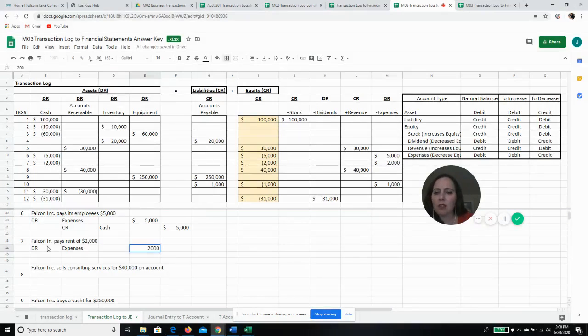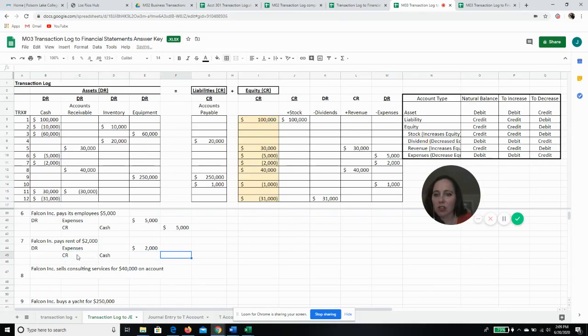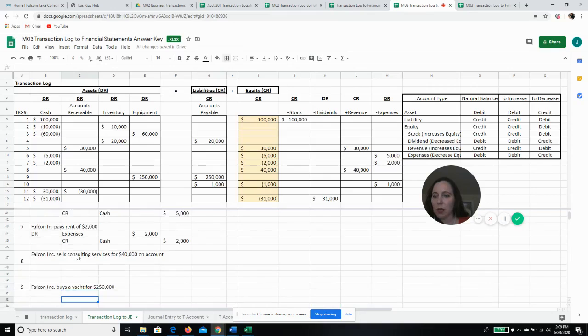But right now, let's just call it an expense. Okay. Then I'm going to decrease cash by $2,000. So cash is an asset, and I decrease it with a credit. So I'm going to credit cash $2,000. All right, we are rocking and rolling. Let's keep this party going.